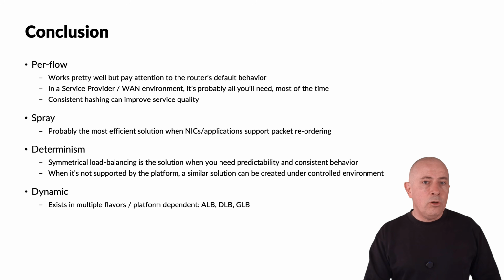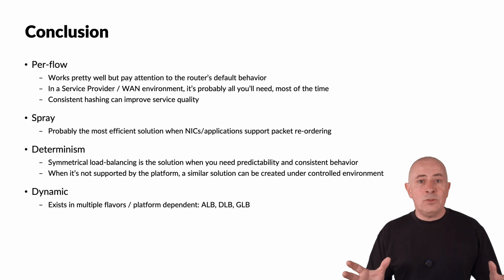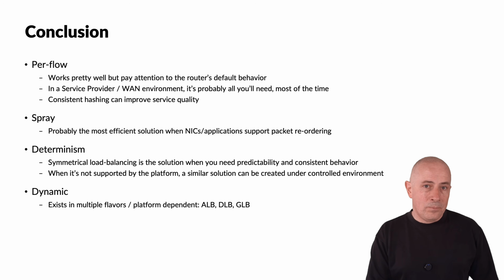For AI/ML workloads, if you are not using packet spraying, you can introduce additional dynamic parameters in the next stop selection process. That's what ALB in a certain manner, but mostly DLB and GLB will do for you on the QFX side. And yes, again, packet spraying is certainly the way we will approach load balancing in the future, when all NICs will support packet reordering.